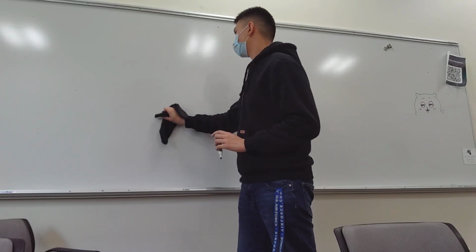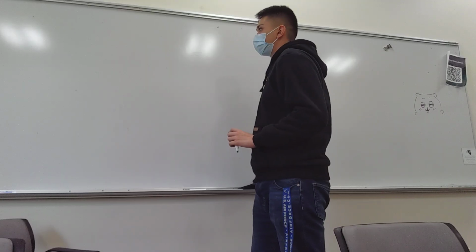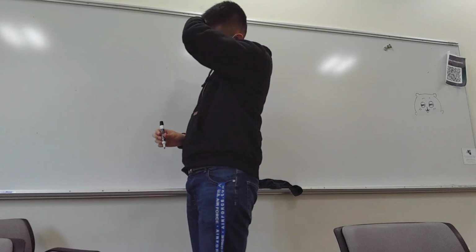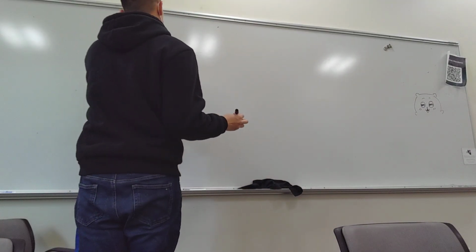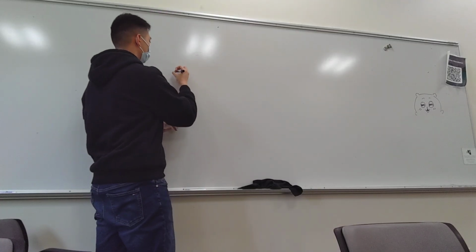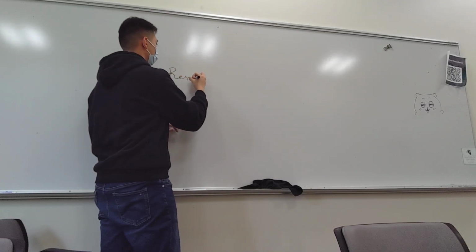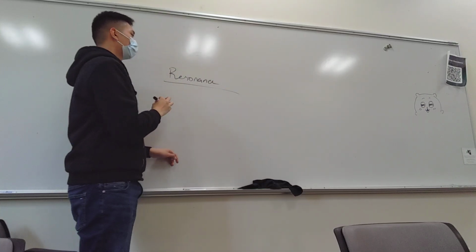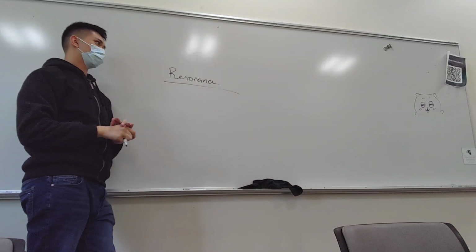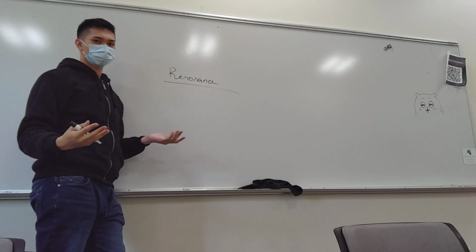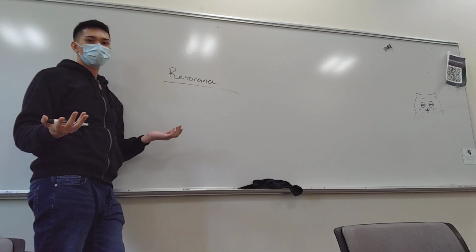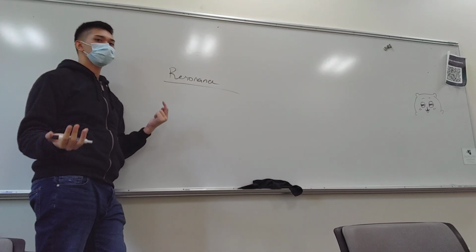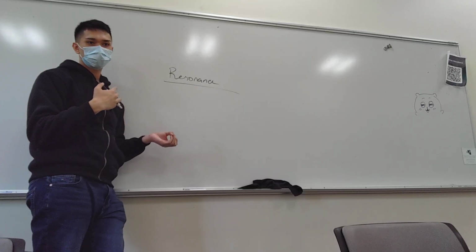So let's go over resonance, the last thing on the worksheet, as well as the one thing that starting OChem students kind of have trouble with. Resonance. What exactly does resonance do, or what does that really allow for us? Well, for molecules, resonance helps with the delocalization of electrons.